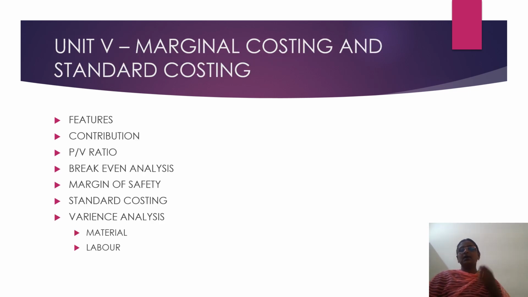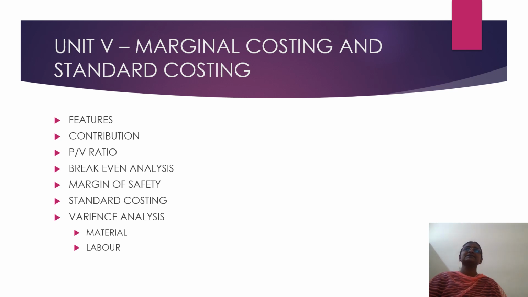And last will be marginal costing and standard costing. In marginal costing, you will be asked to calculate contribution, PV ratio, break even point in sales, break even point in units, and break even point in rupees. All formulas you have to study. In part B, you will have sums relating to these simple calculations, and in part C, you will be asked to calculate desired sales.